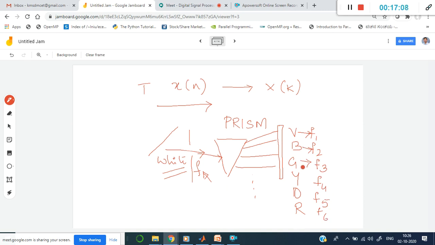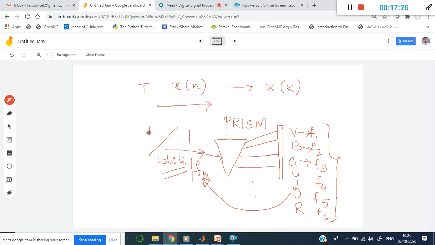So there are six different combinations of frequencies. The combination of different frequencies is what gives me this white light, is it not?